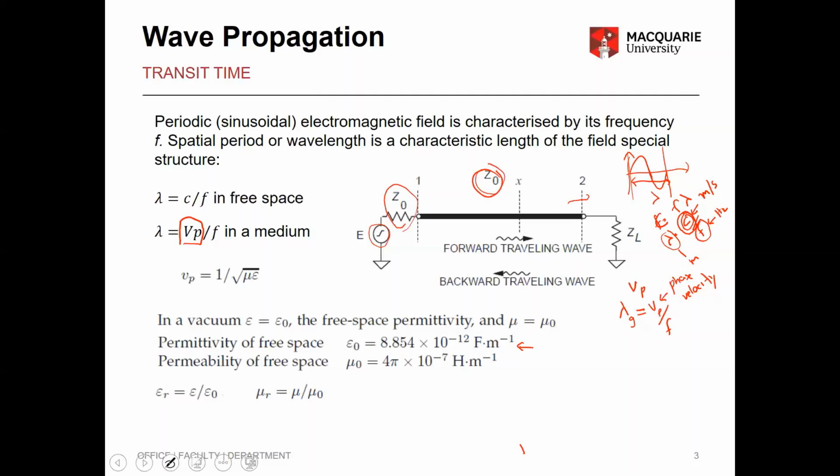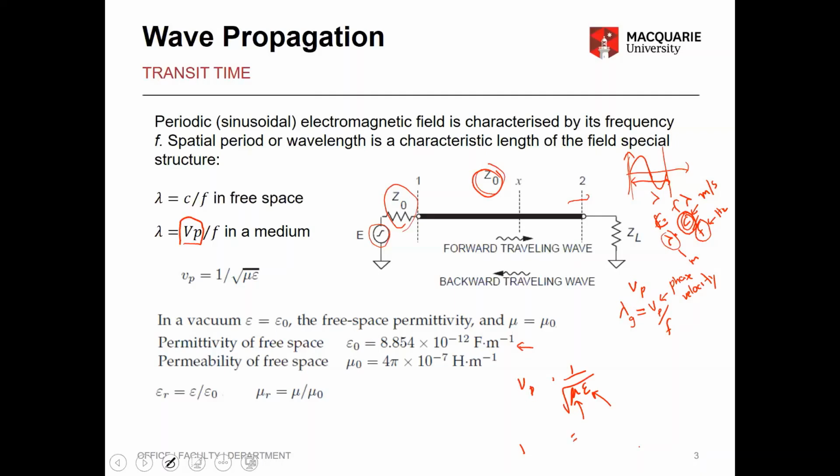Now, if you are in a medium, your Vp would be 1 over the square root of mu epsilon. You need to find for that particular medium what the effective permeability and the effective permittivity are. It will not be the same as free space; it will be something different.